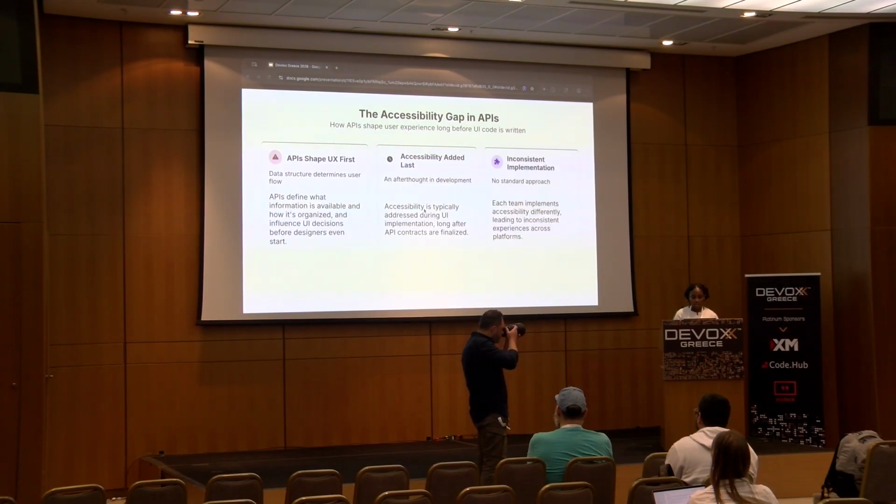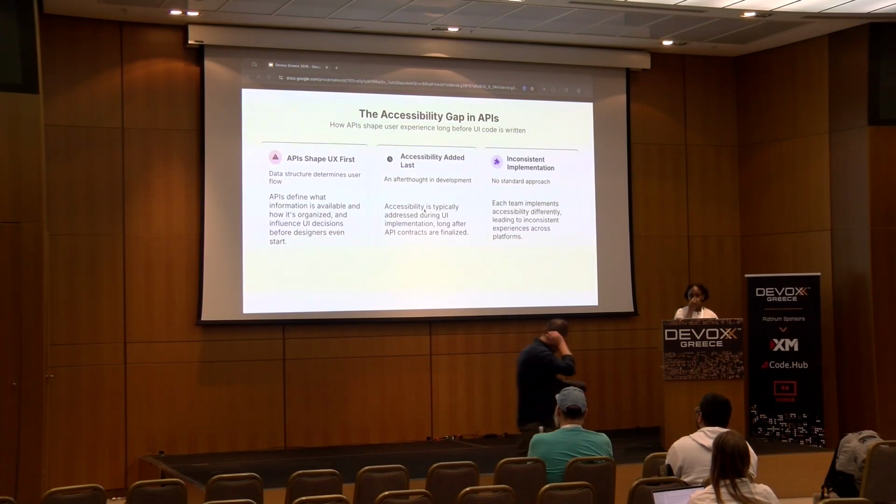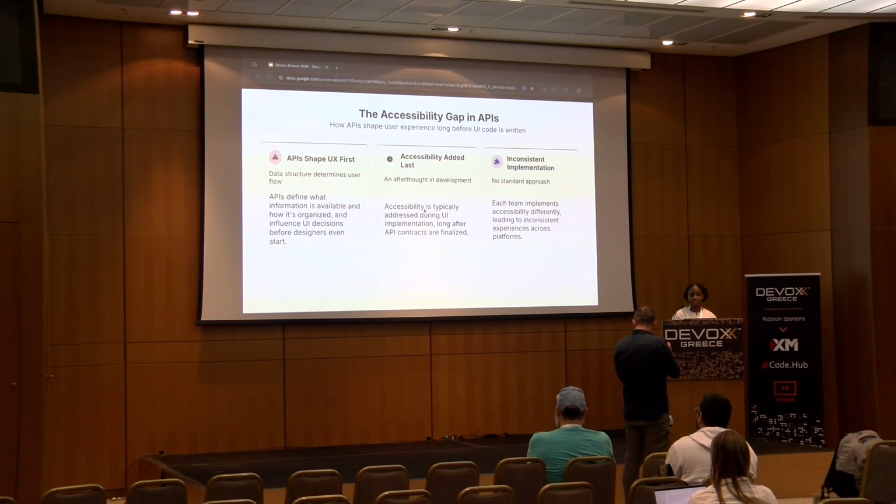So there is inconsistent implementation. Each team implements accessibility differently, leading to inconsistent experiences across platforms. Depending on if you're on Android or iOS, the developer that implements this accessibility information or metadata can construct it differently, so that leads to different experiences across platforms.